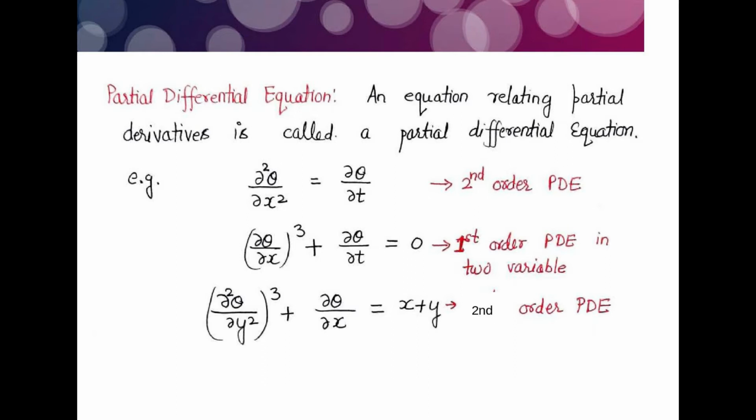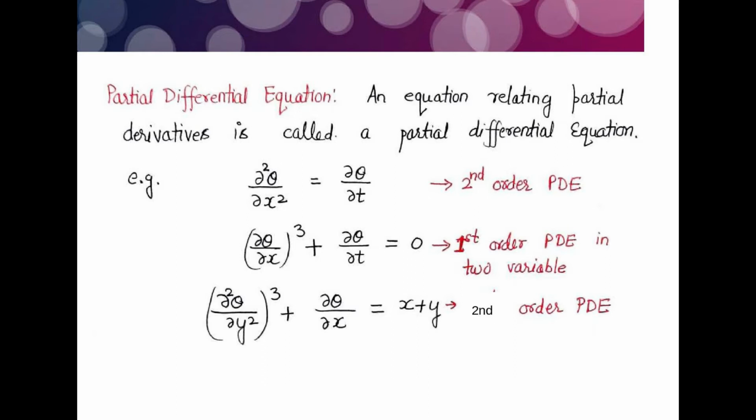Next one is del theta over del x raised to power 3 plus del theta over del t equal to 0. So this is a first order partial differential equation, where I am taking theta as a function of x and t. Similarly, we can have a third equation, right?